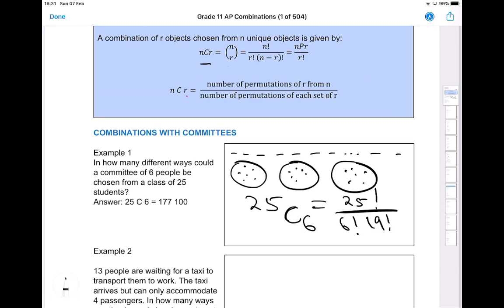If you're working it out without a calculator, maybe that is where you could start. But otherwise, feel free to put 25C6 into your calculator and get your answer. This is actually where you get that answer there, 177,100.